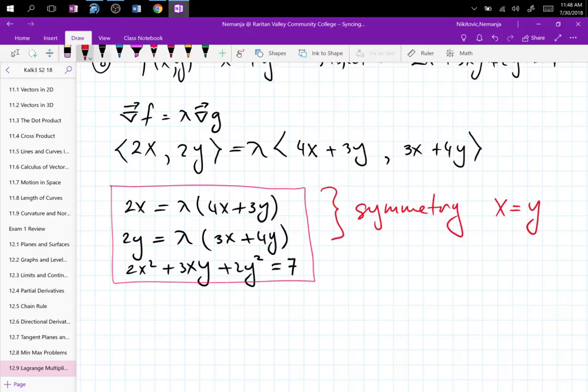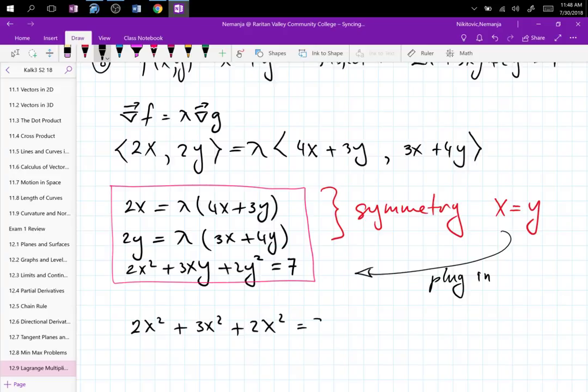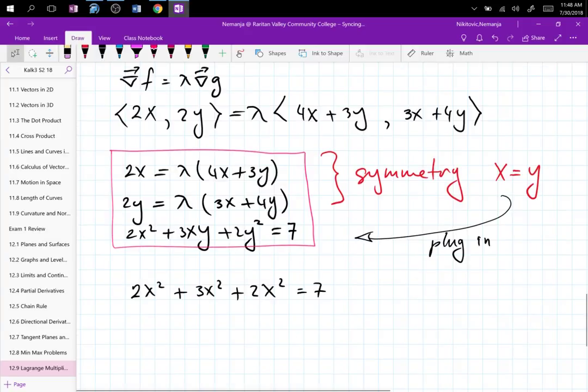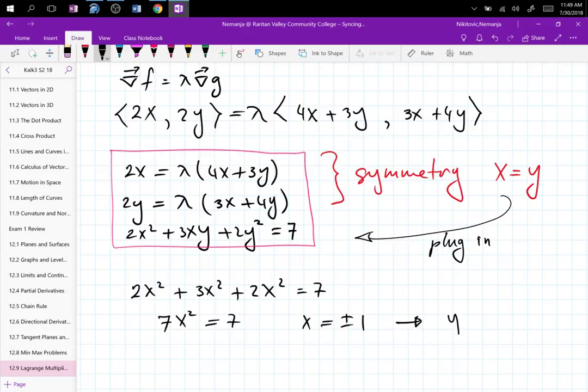So now that I know that x is equal to y, I will plug that in. And I will have 2x squared plus 3x squared plus 2x squared is equal to 7, for a total of 7x squared is equal to 7, from where x is equal to plus minus 1. Are we all there? Beautiful. Which immediately tells us that y is plus minus 1.